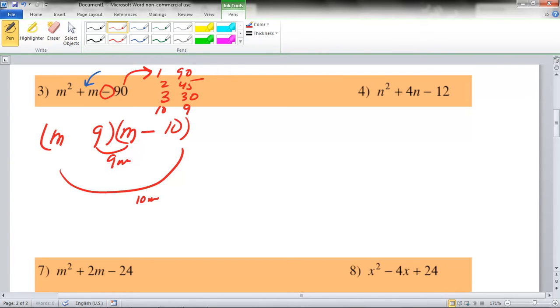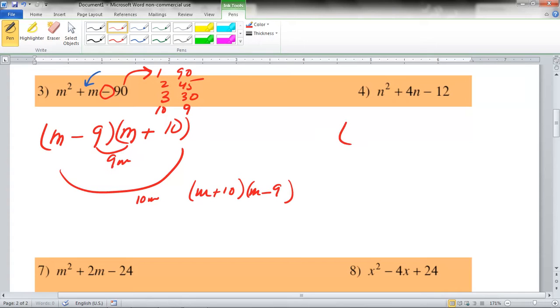In that case, you would put a positive here, and you put negative here. The first time it did this, it was m plus 10 and m minus 9. See, these are the same things, commutative property of multiplication, right? So it's okay when you do that. It works out. All right, so let's do this one.